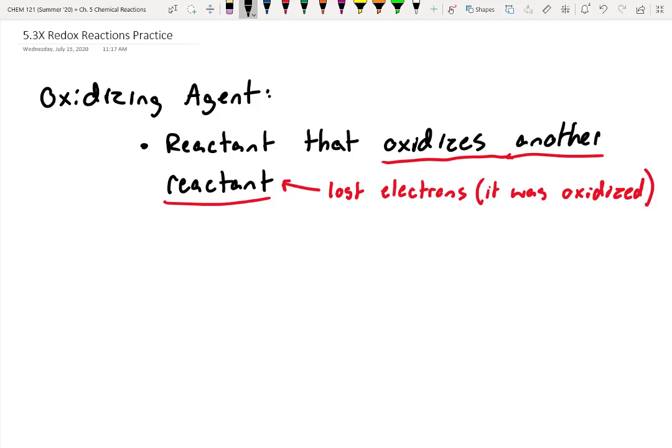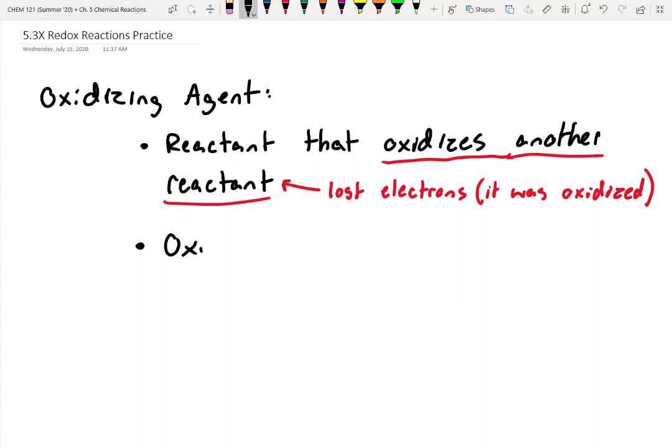So then this brings me to my next point. If we lost these electrons, where do they go? Well, they must go to the oxidizing agent, right? If the oxidizing agent is causing this to happen and the other reactant is losing electrons, then that means the oxidizing agent must be receiving those electrons. All right, so let's just write this down.